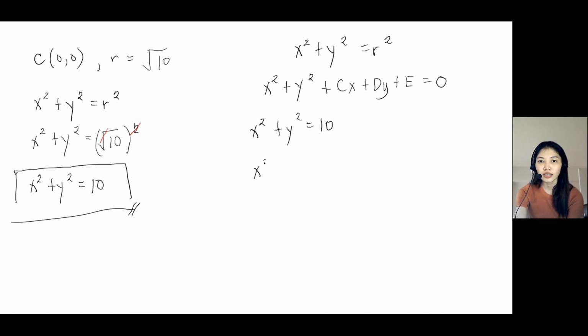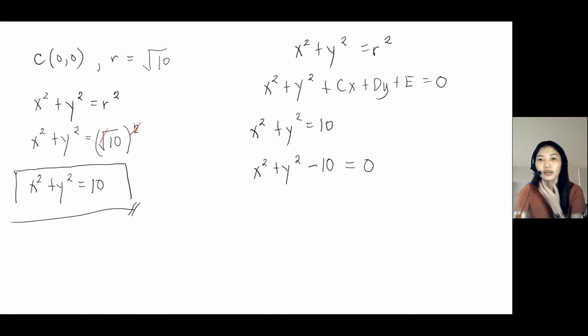So, this will be x squared plus y squared, from positive 10, that will become negative 10. Once na nilipat na natin siya sa kabilang side, and that is equal to 0 na lang po ang natira sa right-hand side.